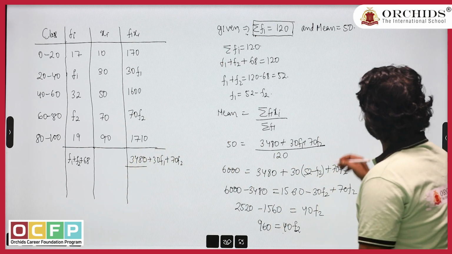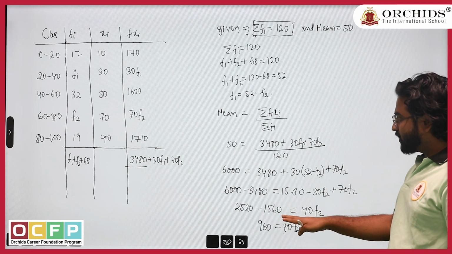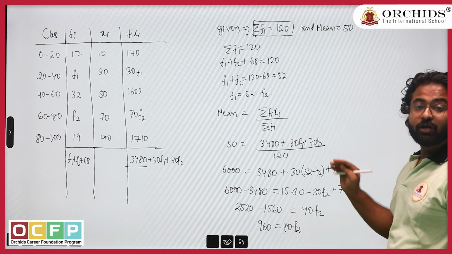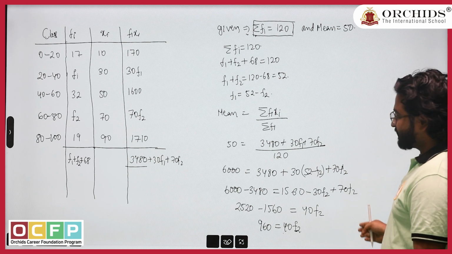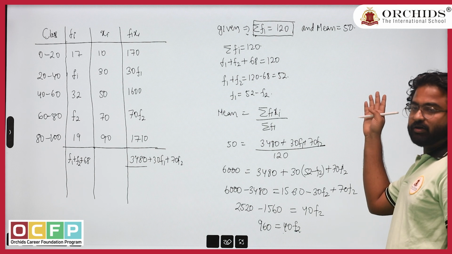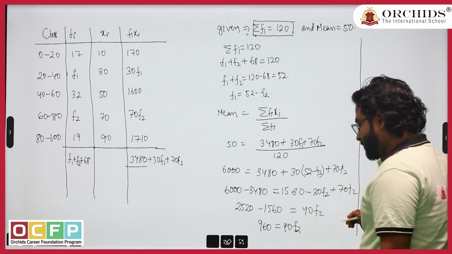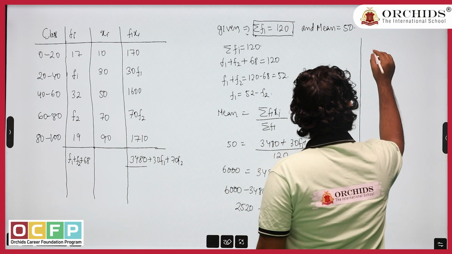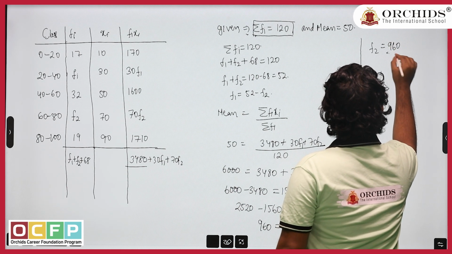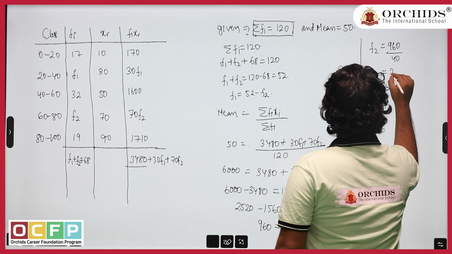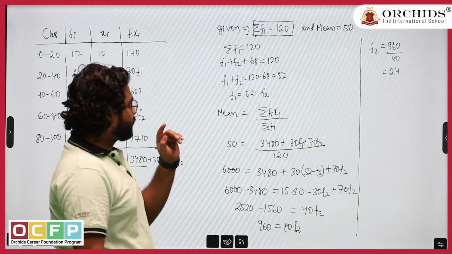I will write this side. In your board exam you are going to write it down; I don't have space, so I am writing the next step this side. It will become f2 is equal to 960 by 40, which is equal to 24. Now I got the value of f2 as 24.